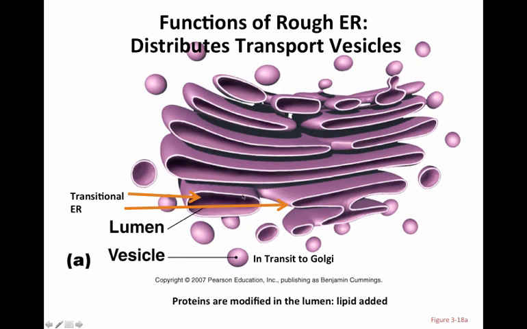Proteins are modified in the lumen. And one example of a modification is that a lipid could be added to a protein. Okay? So this vesicle is in transit to the Golgi. As a protein is being made, modified in the lumen, one of the modifications is that a lipid could be added to it.